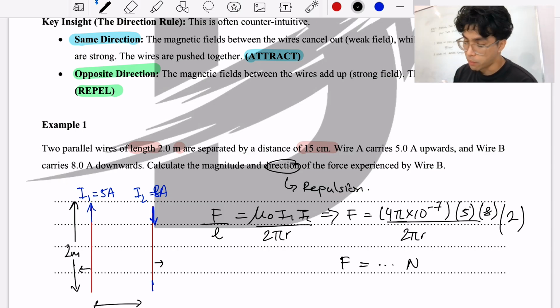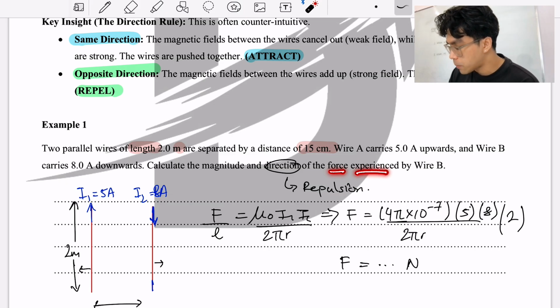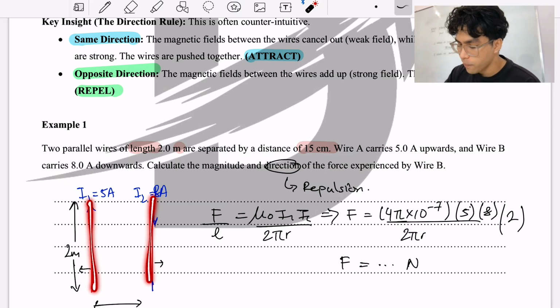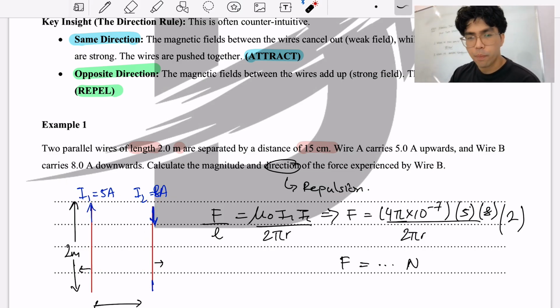Now are we done? No, because remember, force is a vector and we need to have a direction. Is it repulsive? No. Remember, the question asks for the force experienced by B. If I say repulsive, that's not giving me a direction.